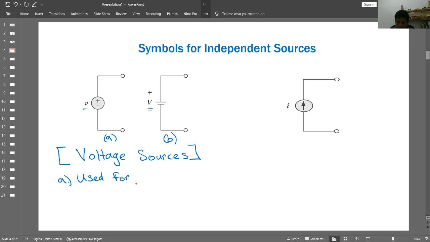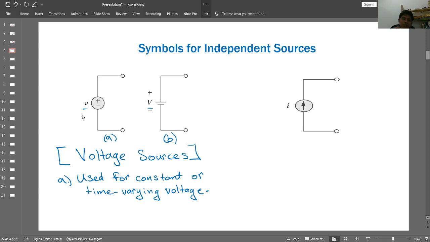So we can say that this can be used for constant or time-varying voltage. Okay, so this means that this is varying in time.